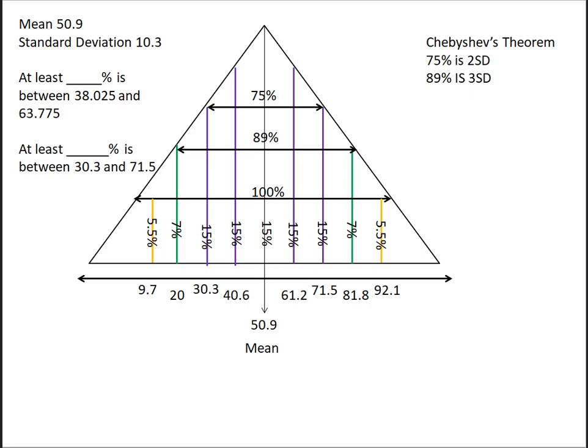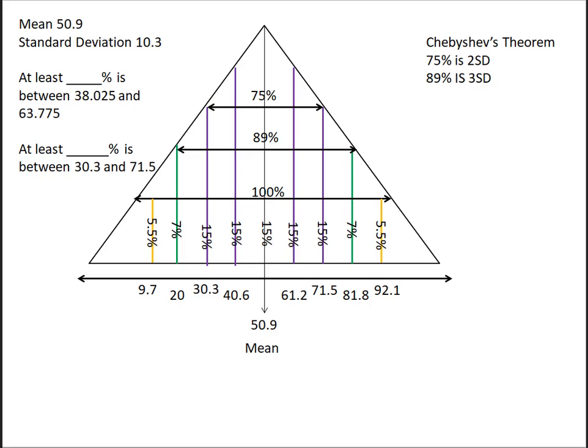We're going to get 61.2. 61.2 plus 10.3 gives you 71.5, plus 10.3 gives you 81.8, plus 10.3 gives you 92.1, and that will be the data to your right.